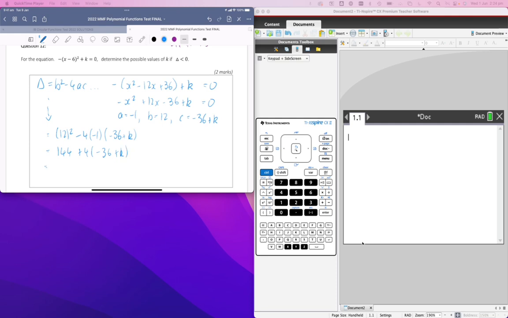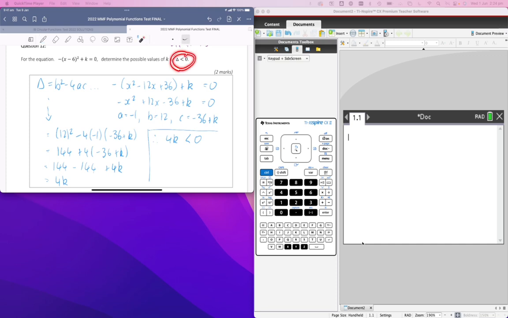Expand that right-hand side bit. We've got 144 minus 144 because 4 times minus 36 is 144, and then plus 4k. And so therefore the discriminant is exactly equal to 4k. So, therefore 4k is less than 0 because that's the condition we started off with.